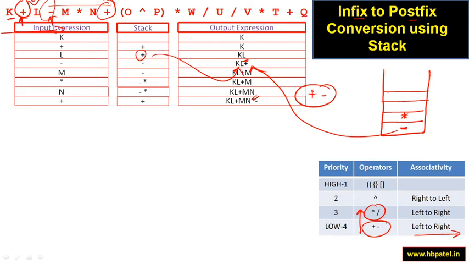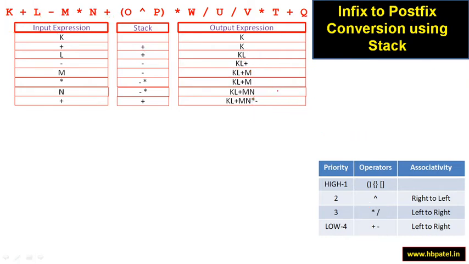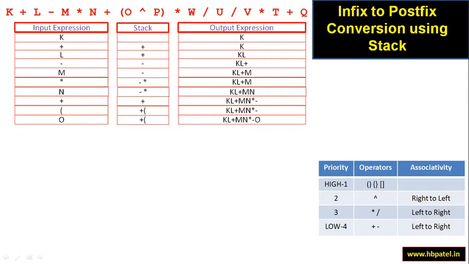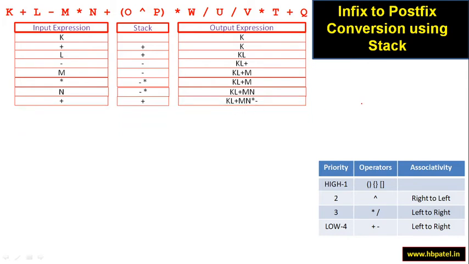So the multiplication will be popped and then minus will be popped, and then I'll push the plus. If I remove everything right now and draw again, the multiplication has been popped, minus has been popped, and this plus is there over here.